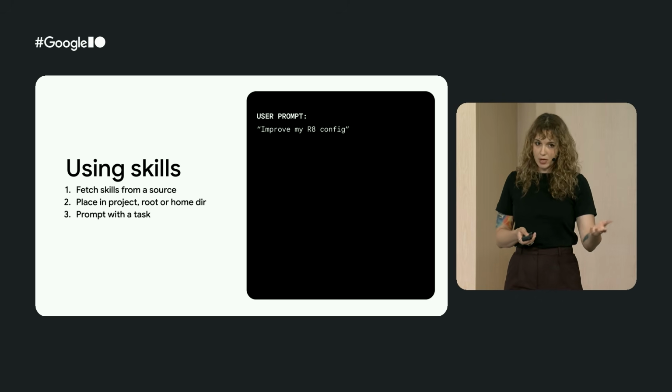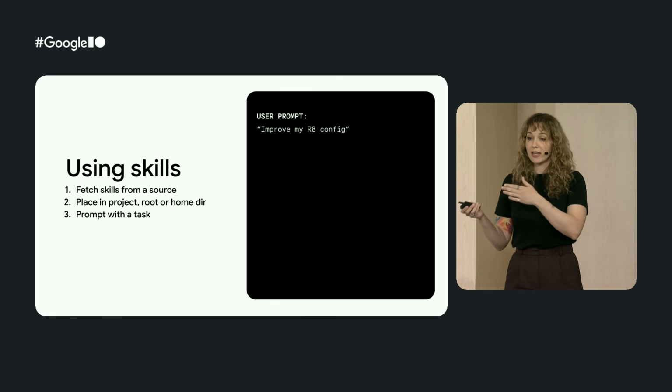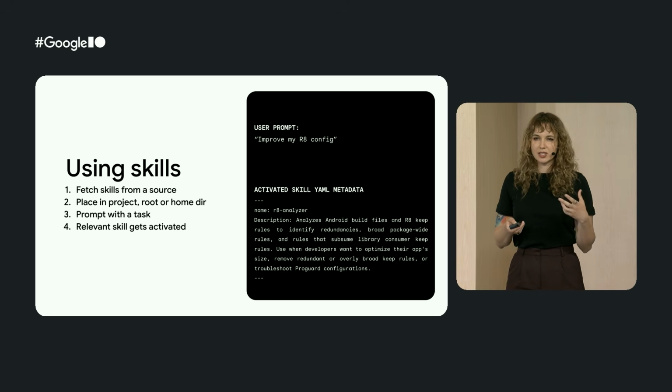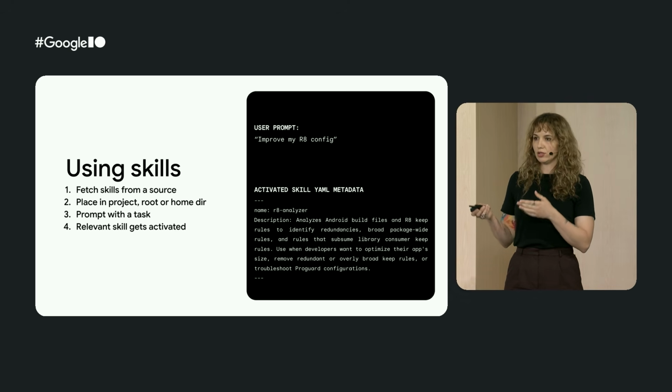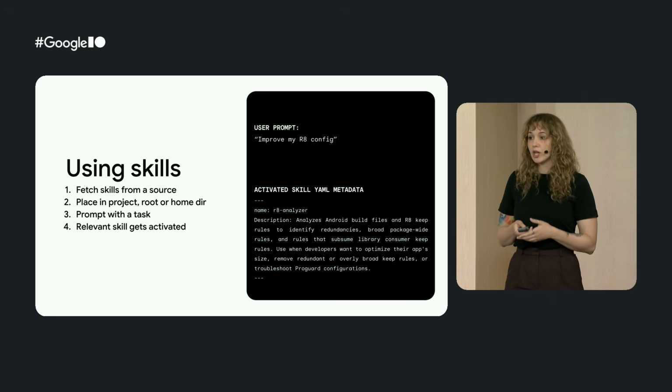When the user sends a prompt, the LLM tries to match the skills metadata and the description with the task, and then finds and activates the most suitable skills. Skills are designed to trigger automatically, so there's no need for you to manually search and attach them and force their usage, but you can, of course, if you want to.